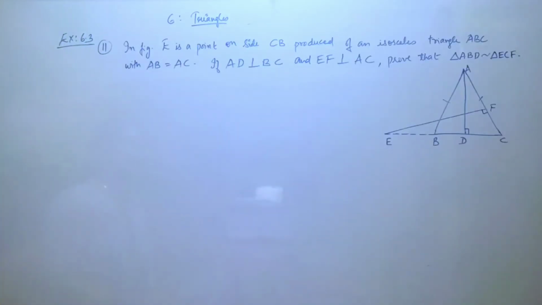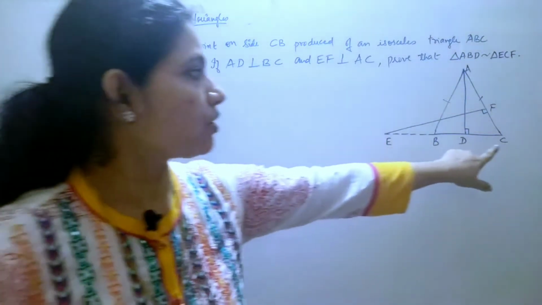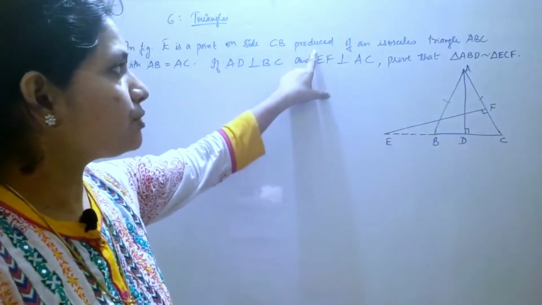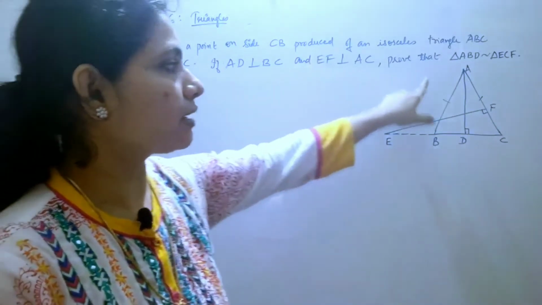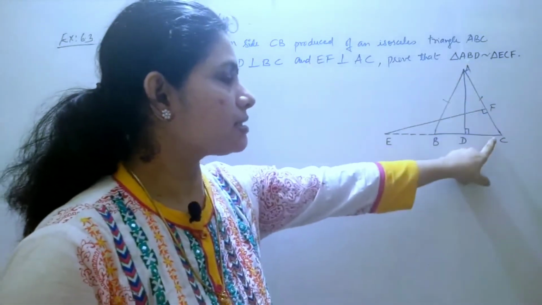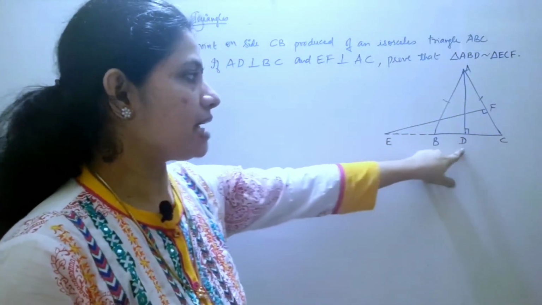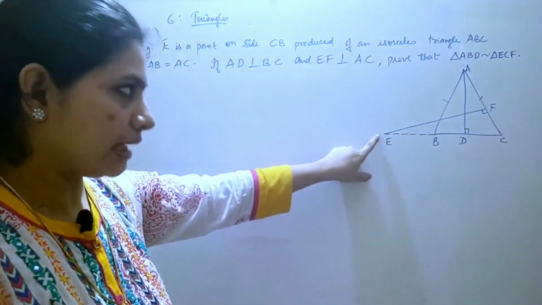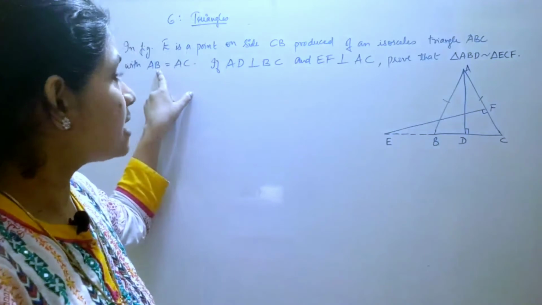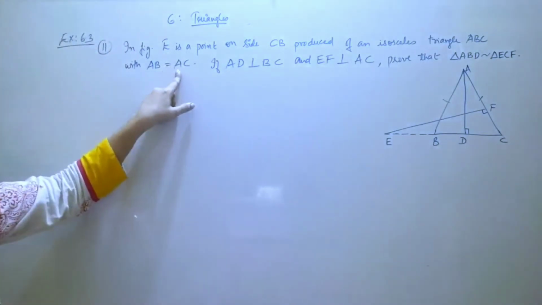Question number 11 is, in the given figure, E is a point on side CB produced of an isosceles triangle. So an isosceles triangle is given, and from there BC side has been extended at E, with AB equal to AC.